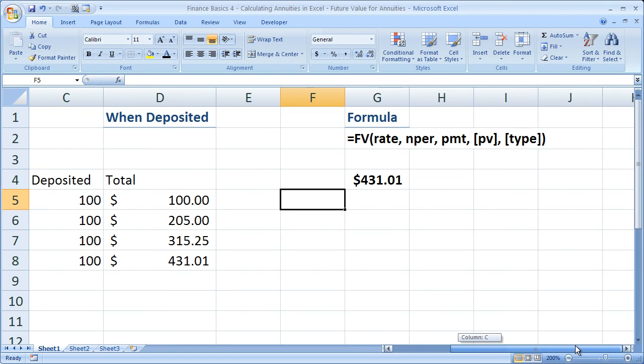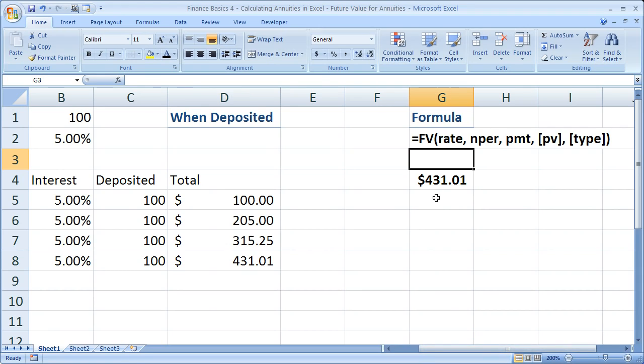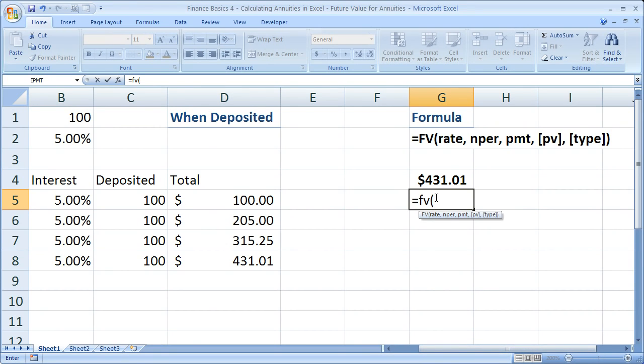Right over here, I have made visible the future value formula. So we're going to be using the future value to calculate the value of the annuities. And the syntax is listed right here. All we need is a rate, number of periods, payment, and present value, as well as type if you'd like. So let's go ahead and do this right here. Equals FV, open parentheses.